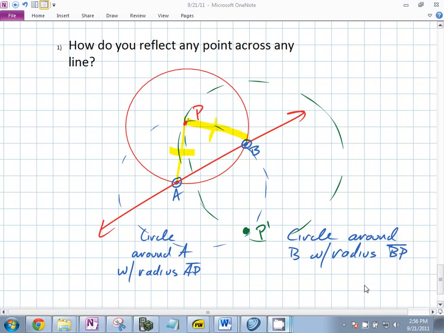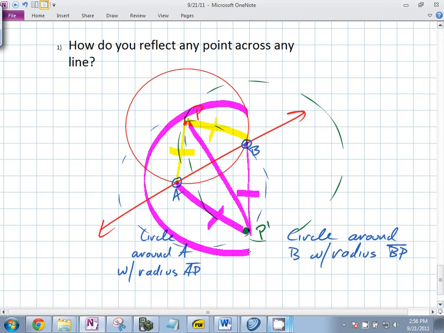If I were to draw A to P, we know that's the same distance as this. What type of shape did I draw? What is this shape right there? Polygon. It is a polygon. That is correct. What type of polygon?